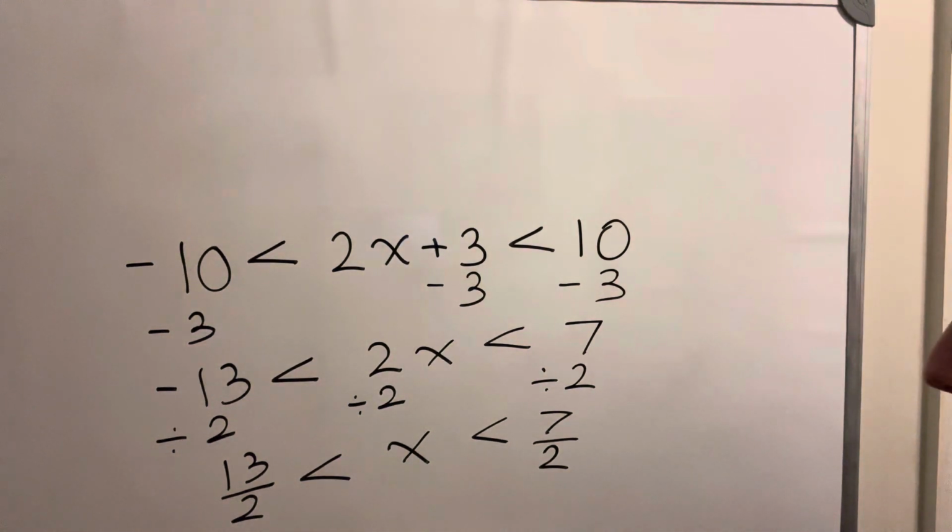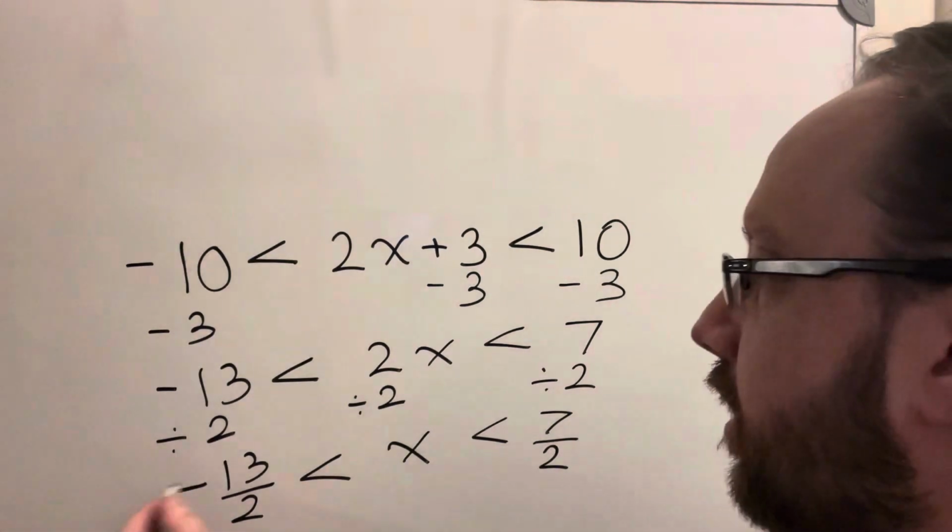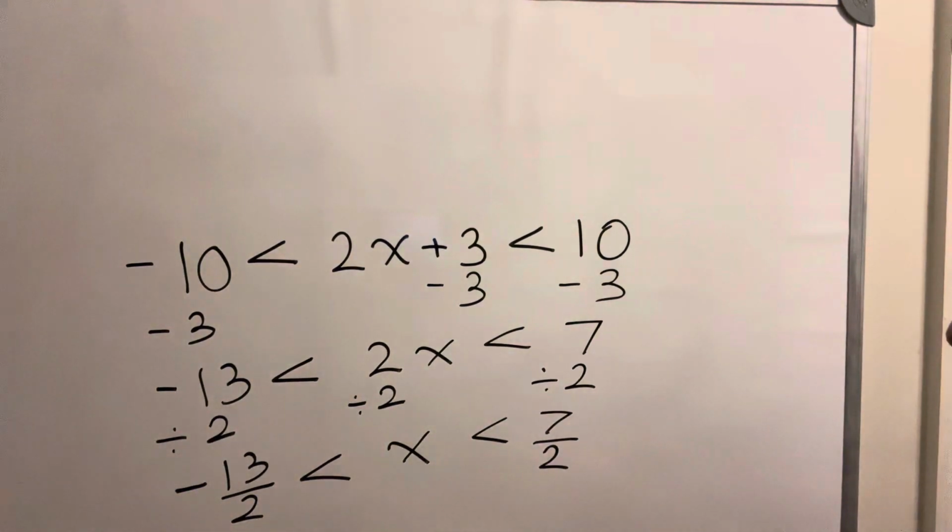So we have x is greater than 13 halves, and, negative 13 halves. Almost made a mistake. So x is greater than negative 13 halves and less than 7 halves.